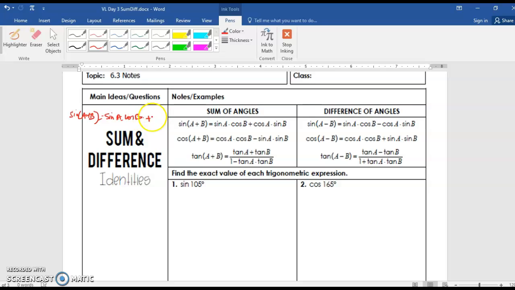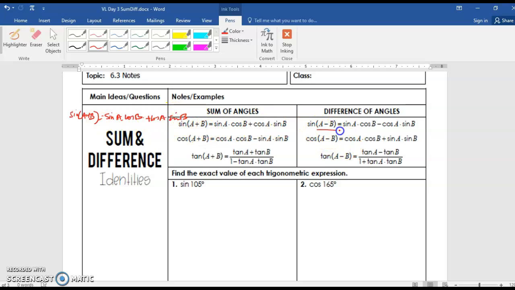And this time you would do cos and sine, but with A and B still. See how they're switching for the second term? So you're starting with sine A cos B plus cos A sine B. That's how you would memorize it.